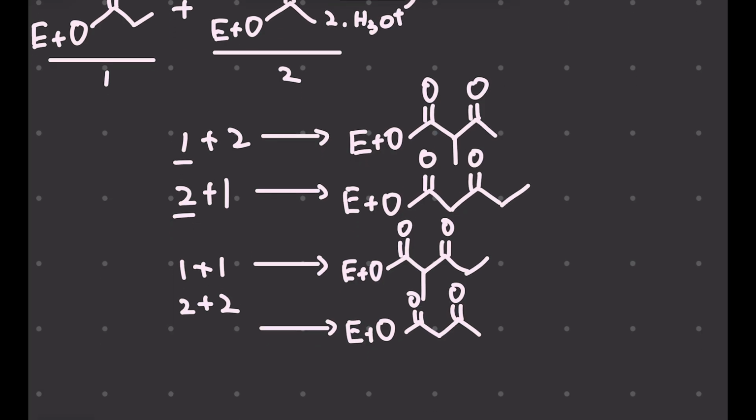Now, as you can see, there are 4 products that we can get from this. So if we proceed with the classic Claisen condensation, this is not very synthetically useful due to how many byproducts it can give us.